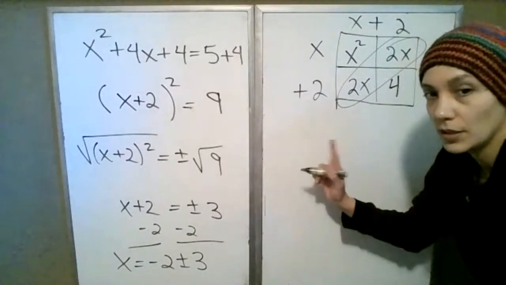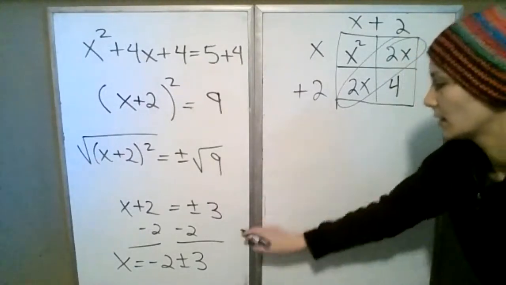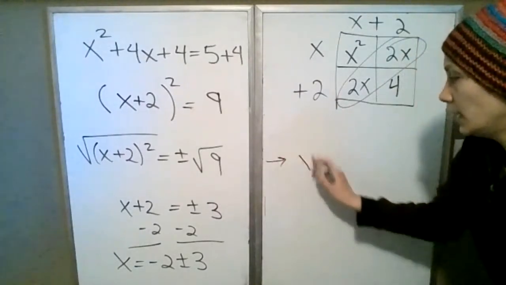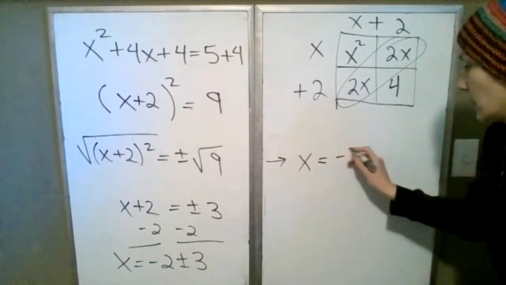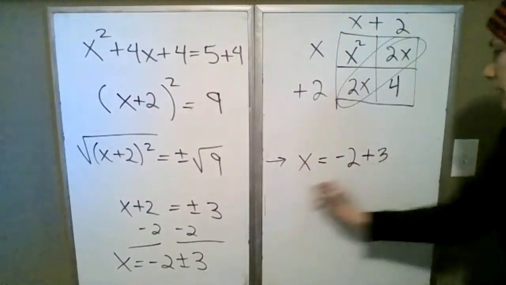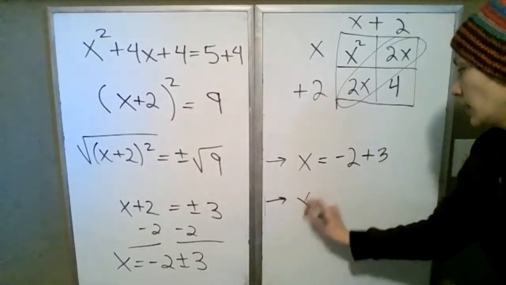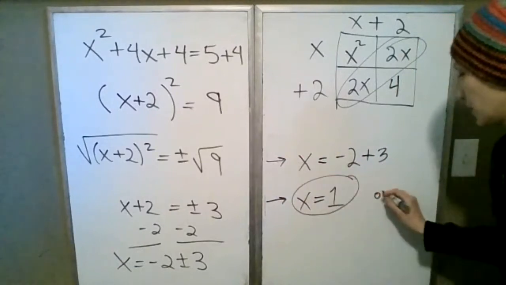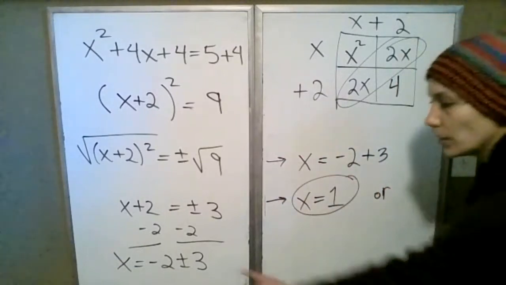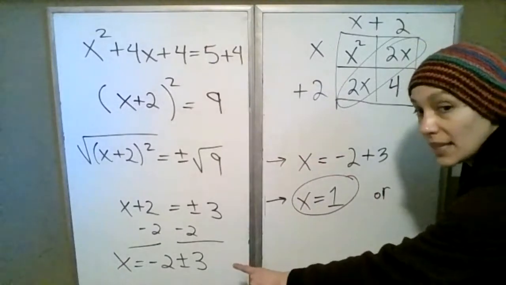From here, the first x value is -2 plus 3. Or you have x equal to -2 minus 3.